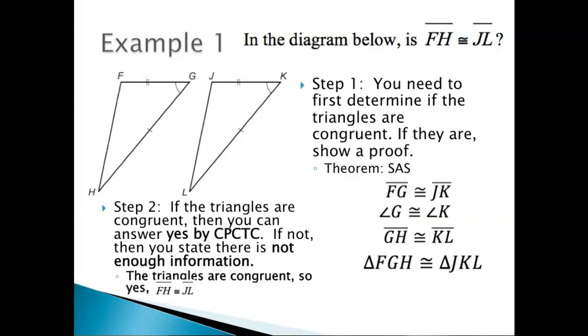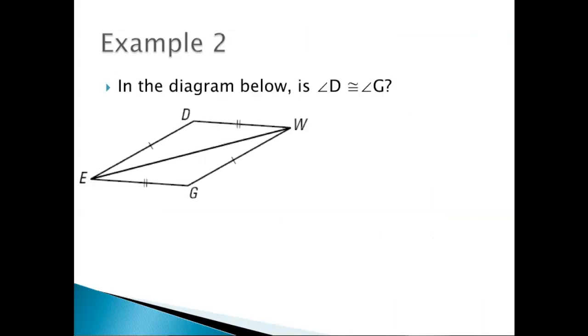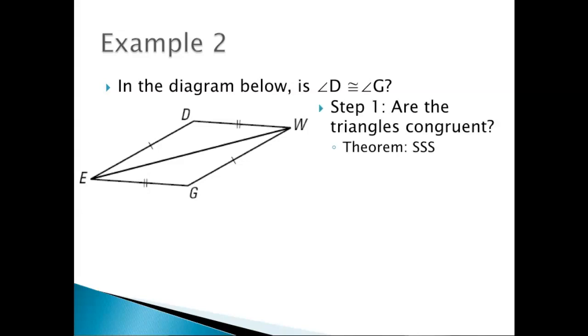Let's take a look at example 2. In the diagram below, is angle D congruent to angle G? So again, first step, can we prove that the triangles are congruent? Well, it looks like we know that DE is congruent to GW, and DW congruent to GE, and these two triangles share that last side, EW.